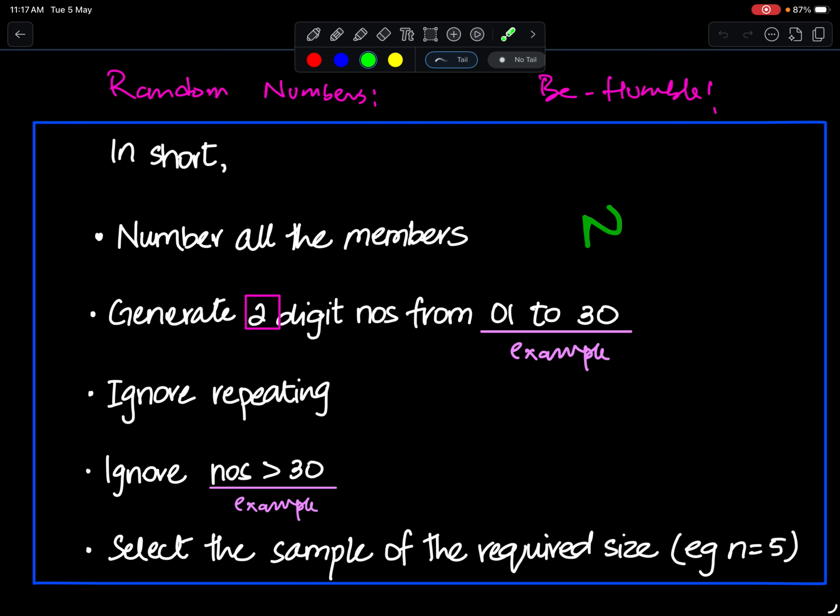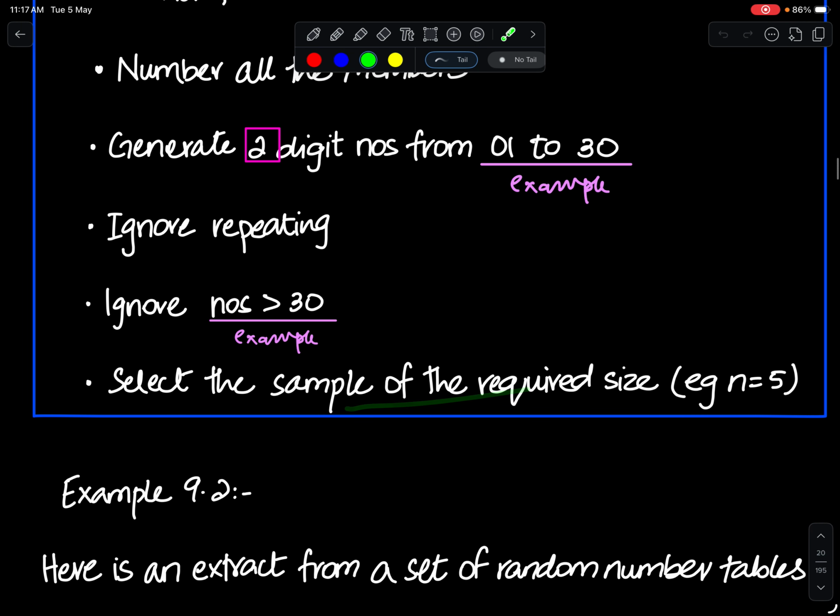If the population size is 300, then generate 3-digit numbers from 001 to 300. You may also write 1 to 300. So first point, second point, third point: ignore repeats, ignore numbers greater than the size of the population, and select the sample of the required size.